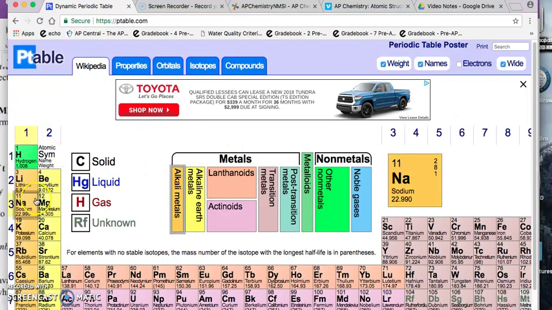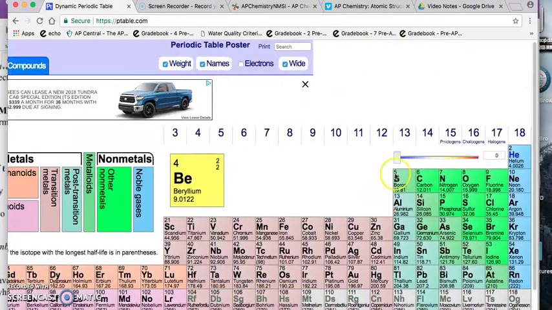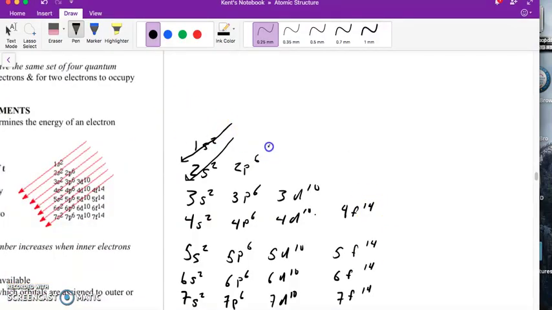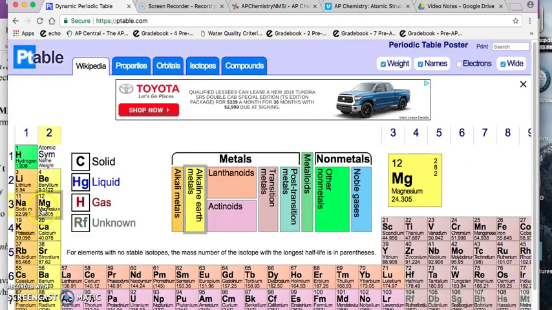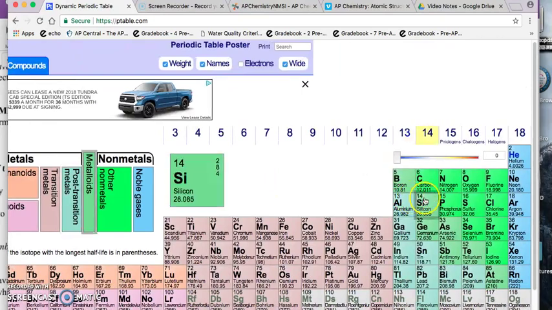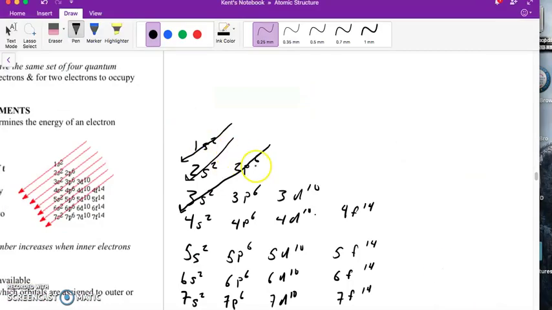Before we fill in the 3s subshell, we fill in the 2p subshell. So the 2p subshell is filled, then the 3s subshell. If we go back to the periodic table, the 3s subshell is filled, and before we fill the 4s subshell, we fill the 3p subshell. So 3p is filled, then 4s.